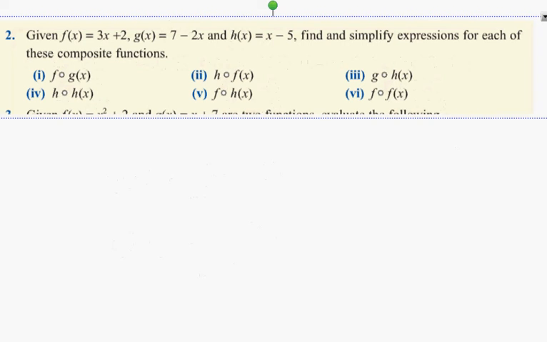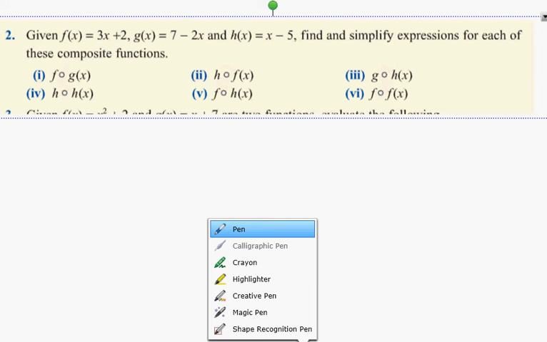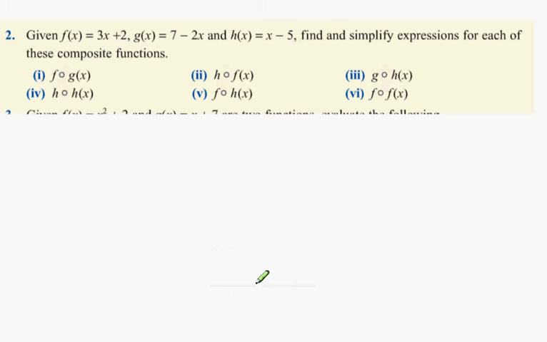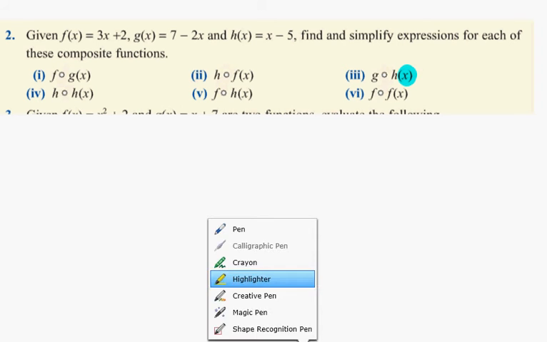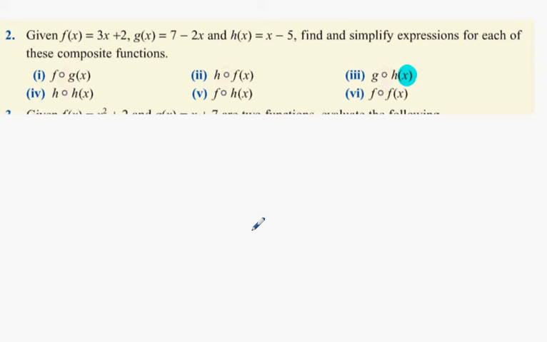So what we're going to get next is what happens when you're not given numbers, but you're given letters instead. It's the same trick, but considered slightly more difficult. Okay. So let's take question 3 as an example. It asked me to do h of x first. Everybody see h of x?